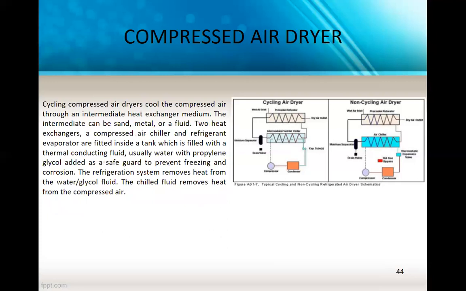Two heat exchangers, a compressed air chiller and refrigerant evaporator, are fitted in a second tank, which is filled with thermal conducting fluid, usually water, with polypropylene glycol added as a safeguard to prevent freezing and corrosion. The refrigeration system removes heat from the water glycol liquid. The chilled fluid removes heat from the compressed air.